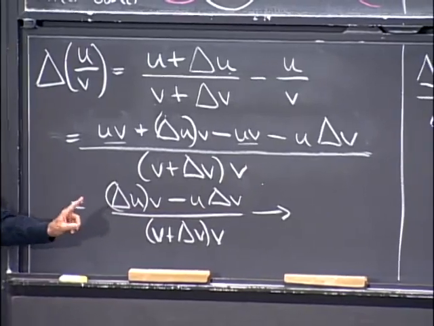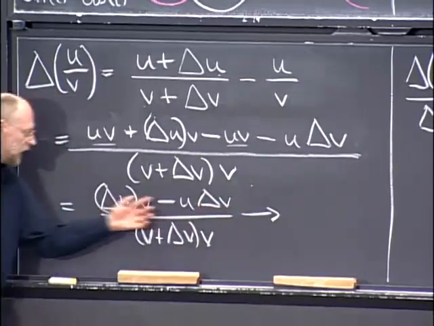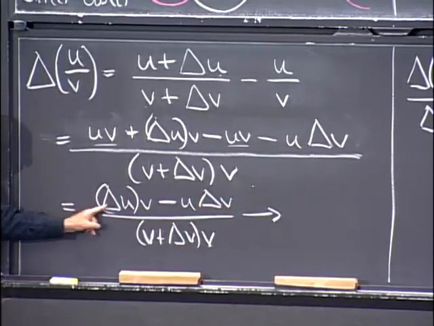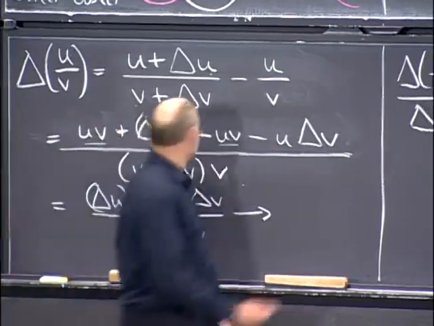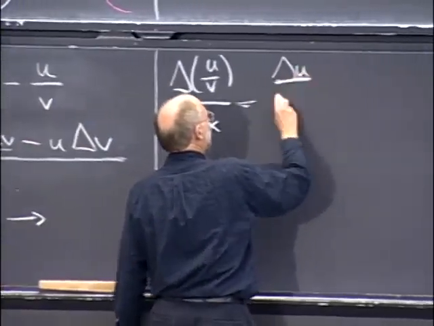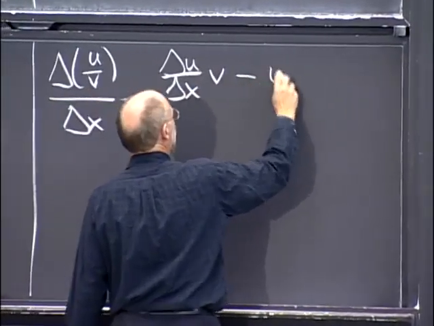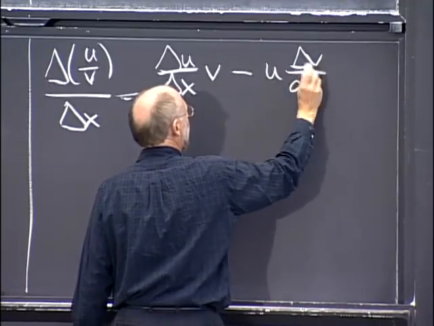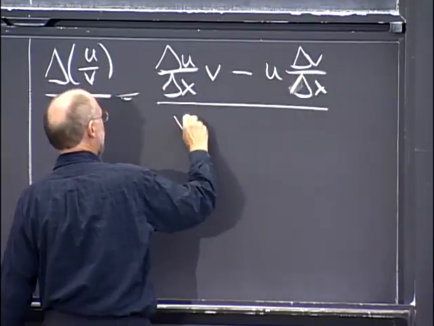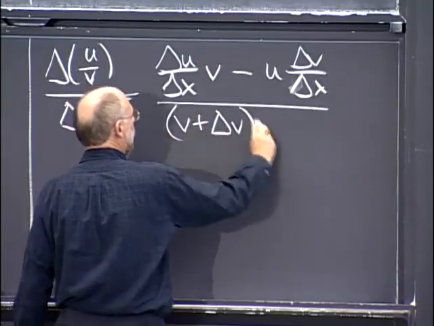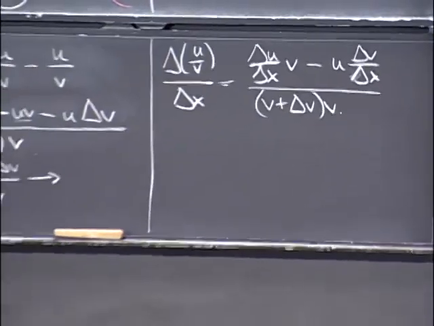And again, I'm going to put the delta x under these delta U and delta V. I'm going to put delta x in the denominator, but I can think of that as dividing into this factor and this factor. So this is delta U over delta x times V minus U times delta V over delta x, and all that is divided by the same denominator, V plus delta V times V. Put the delta x up in the numerator there.